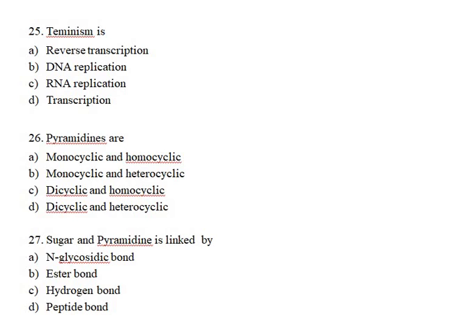Coming to the question number 26. Pyrimidines are A, monocyclic and homocyclic, option B, monocyclic and heterocyclic, option C, dicyclic and homocyclic, option D, dicyclic and heterocyclic.